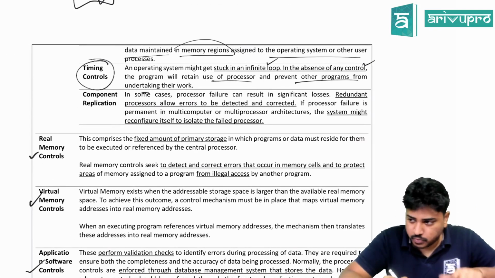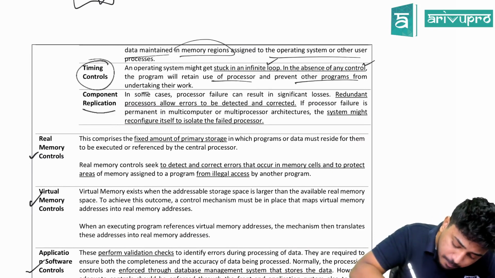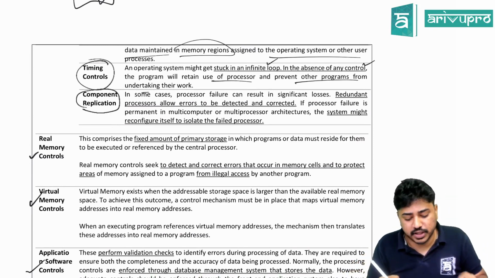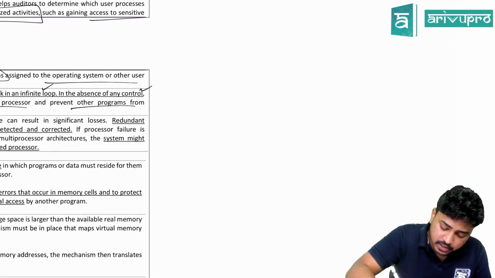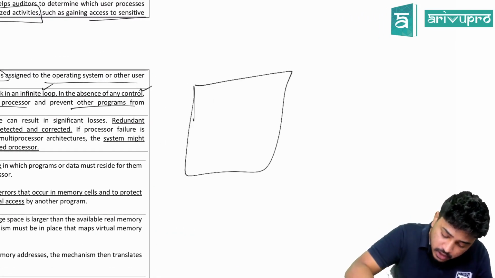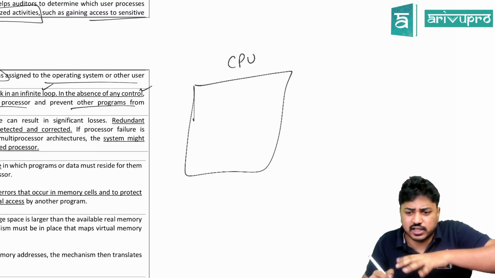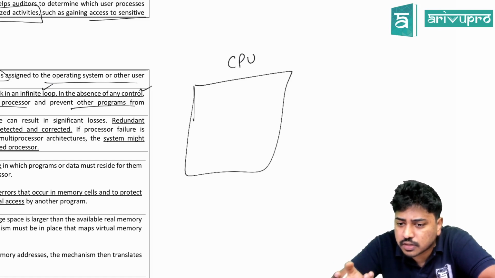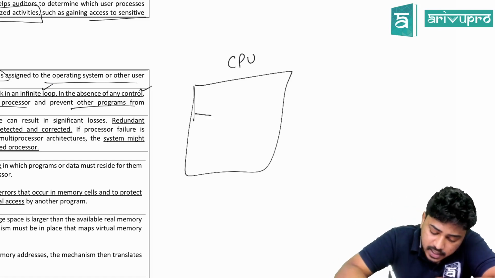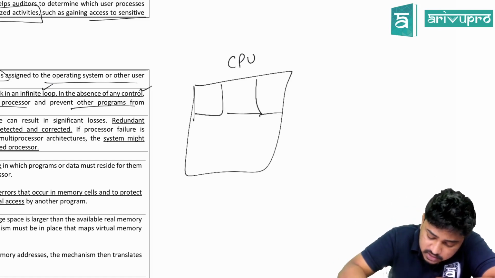The last one is component replication. Listen very carefully. Now this is your CPU, or let's take an octa-core. You know what octa means? 8, right? There are 8 sub-processors.